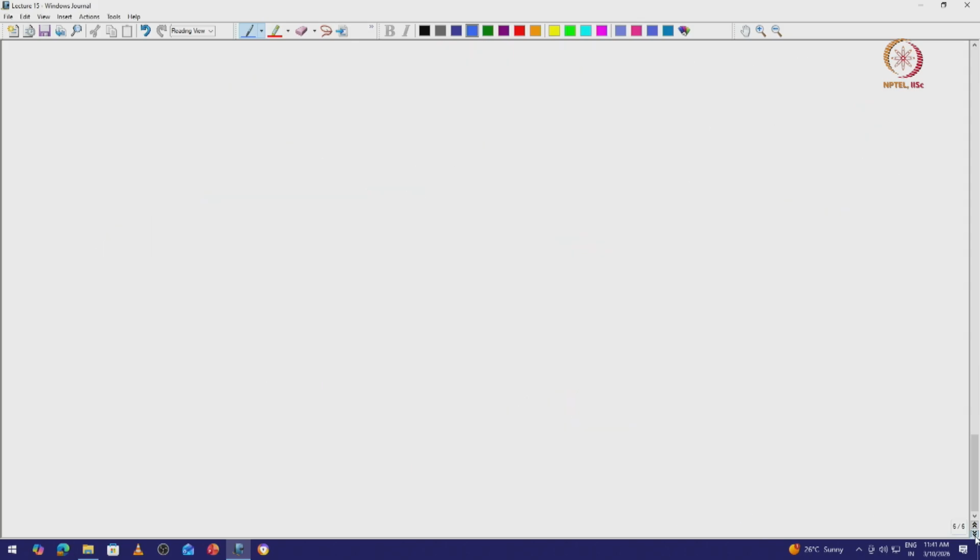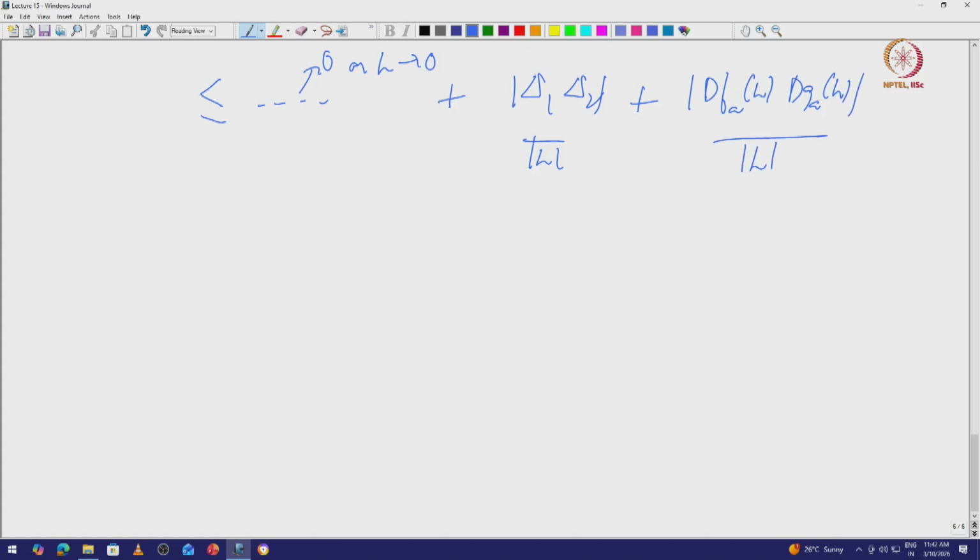So we are left with, so this is less than something which goes to 0 as h goes to 0 plus, now we can of course add and multiply and divide by norm h. This of course goes to 0 as h goes to 0, and this also goes to 0.